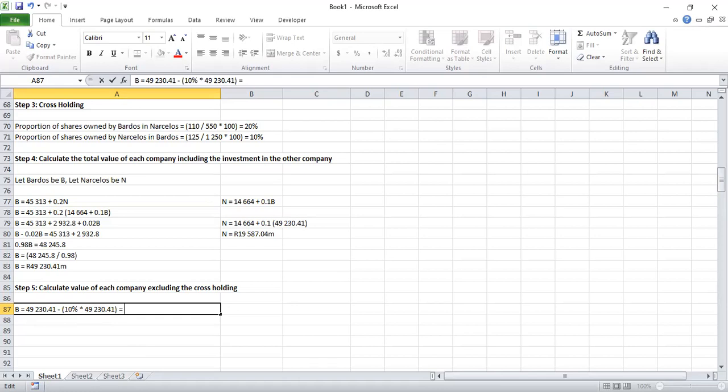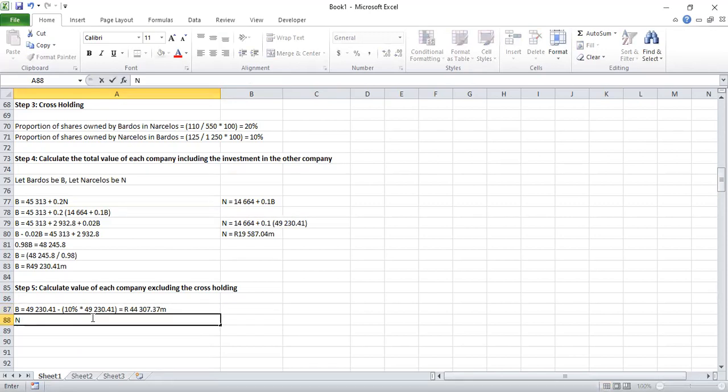So this will be the value of Bados on its own, excluding Nacelos, which they're asking about, because in their company 10% is owned by Nacelos. We get 44,307.37.